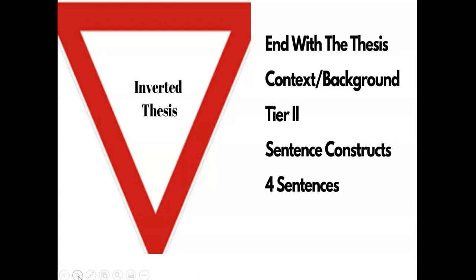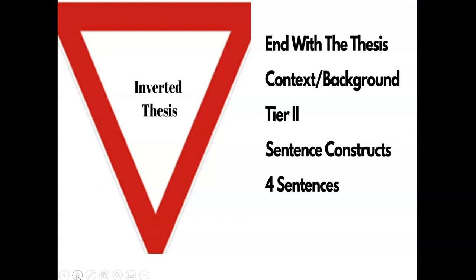In this case, we might begin with an analogy, a hook, some kind of comparative value, sprinkle in the context and background, tier 2 level vocab, sentence constructs for voice, rhythm, flow, and again, exactly 4 sentences. So it doesn't matter. You're going to agree with Powell up top first or last. So first sentence or fourth sentence.